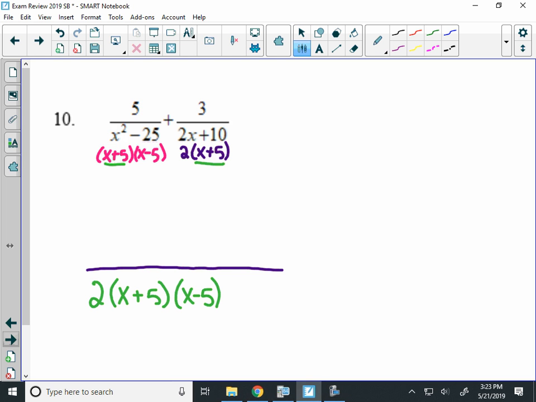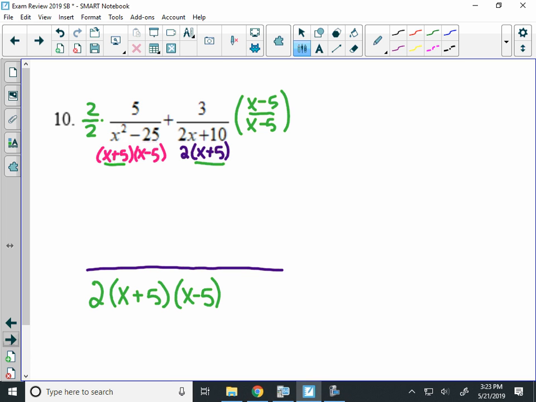Now, it looks like the left fraction doesn't have the 2 part, so I'm going to multiply the left fraction by 2 over 2. The right fraction is missing the x minus 5, so I'm going to multiply by x minus 5 over x minus 5. The denominator I already wrote. That's what's going to happen when you multiply by the 2 and the x minus 5.